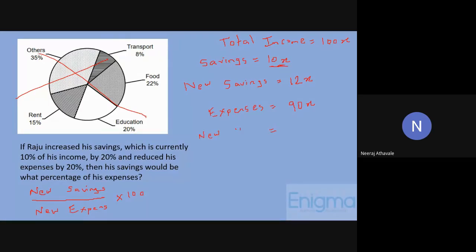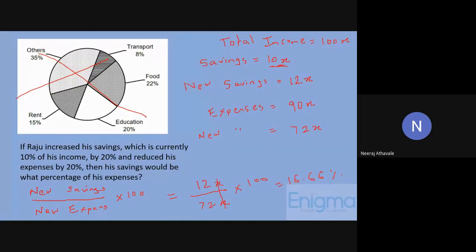So new expenses will be 72x. So now our new savings are 12x. New savings 12x, new expenses 72x into 100. X gets cancelled out. This is 1 by 6. 1 by 6 is nothing but 16.66%.